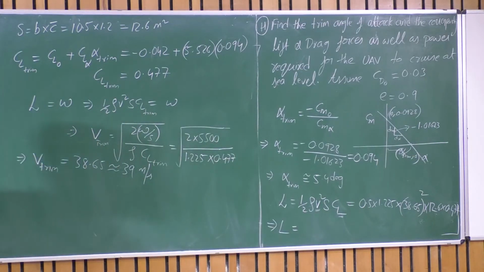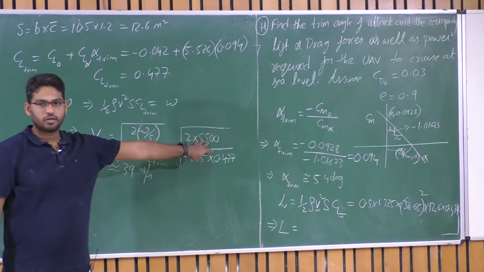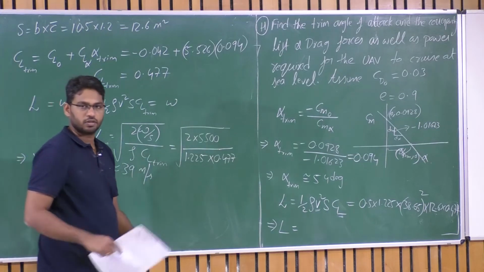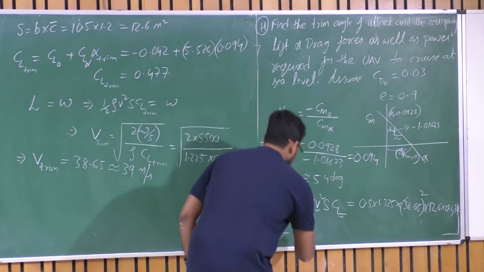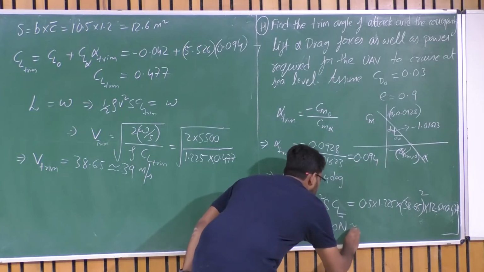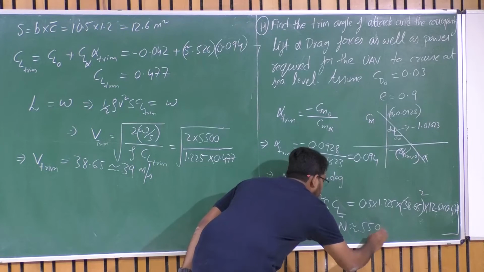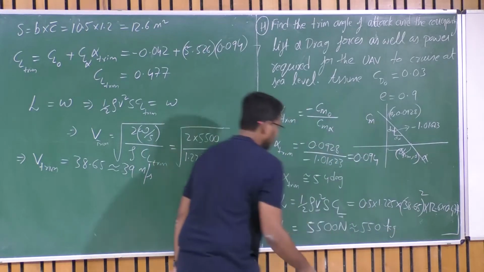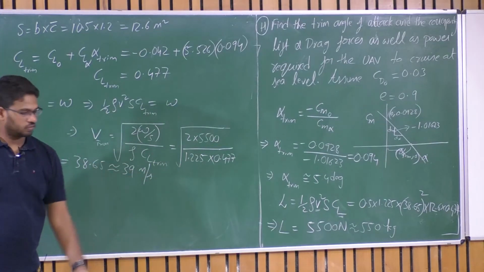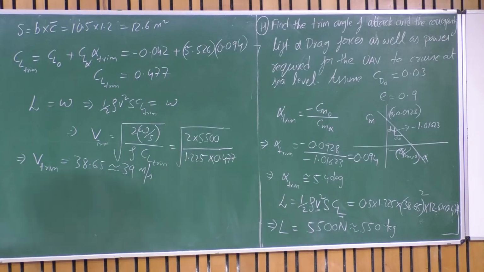Without even calculating that we should be able to say, isn't it? It should be 550 kg or 5,500 newtons, close to that, maybe 5,493 or something. Because we are in cruise, lift should be equal to weight. There is no need to calculate that, you can directly say it.